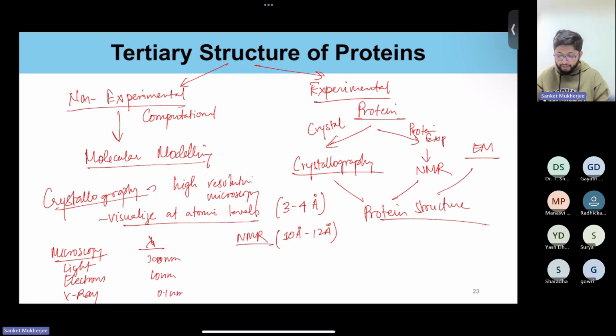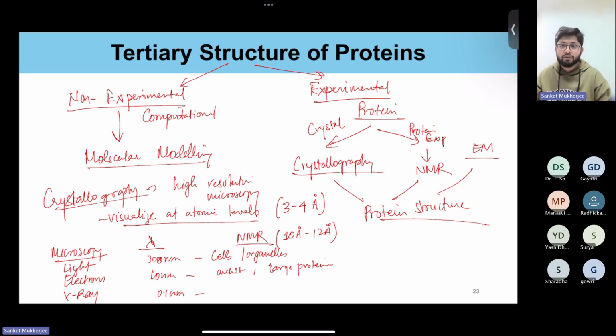Light microscopy is used to see the cells or the organelles in a cell. Electron microscopy is used to find out the architecture of the cell, and some large proteins can be visualized using electron microscopy.